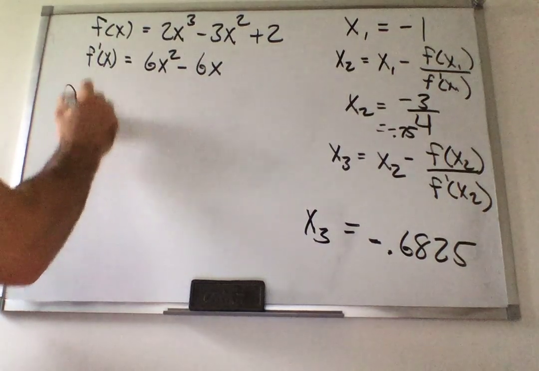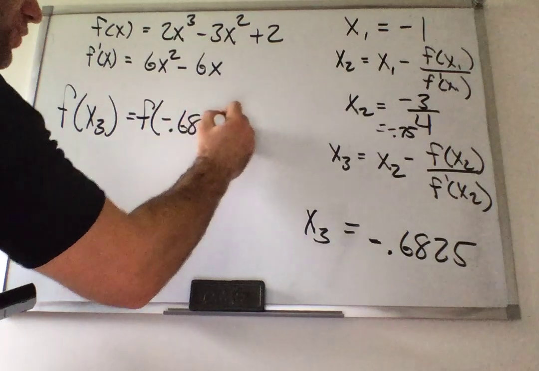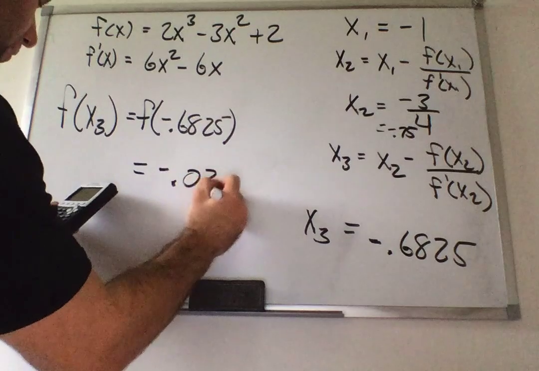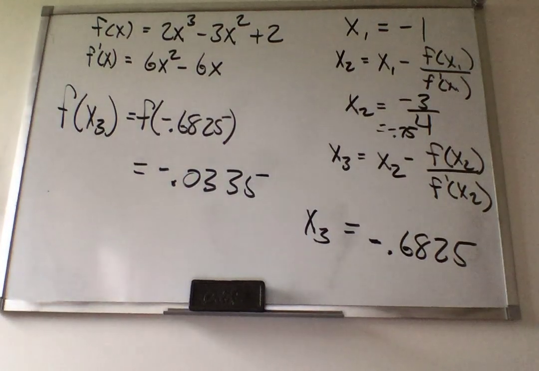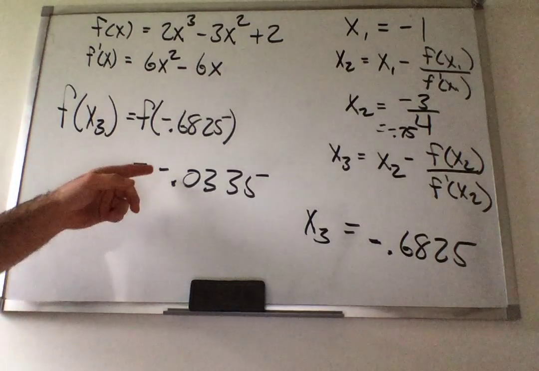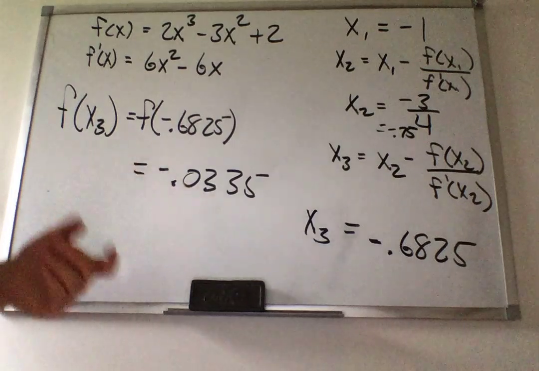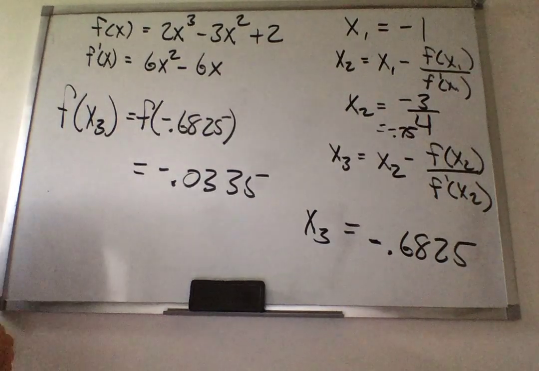If I find f of x3, or f of negative 0.6825, that is equal to negative 0.0335. That's pretty close to 0. That is really close to 0. If we keep going, it'll get closer and closer to 0 because x will get closer and closer to the actual root of the equation.